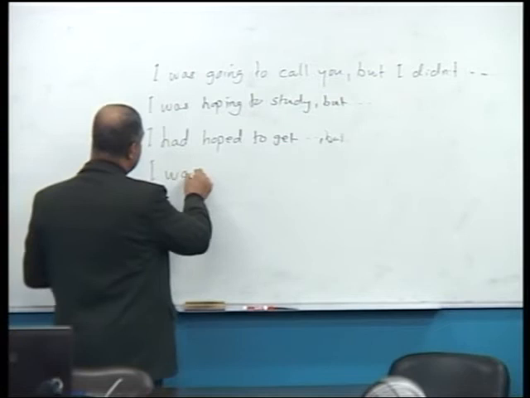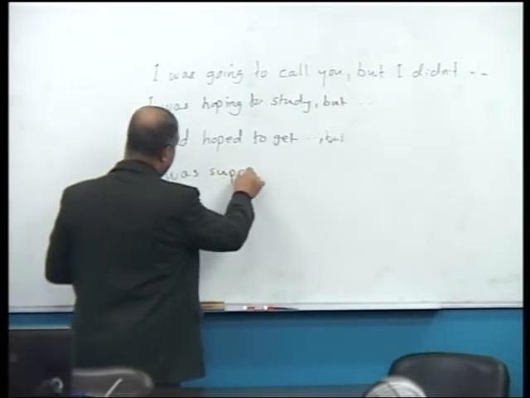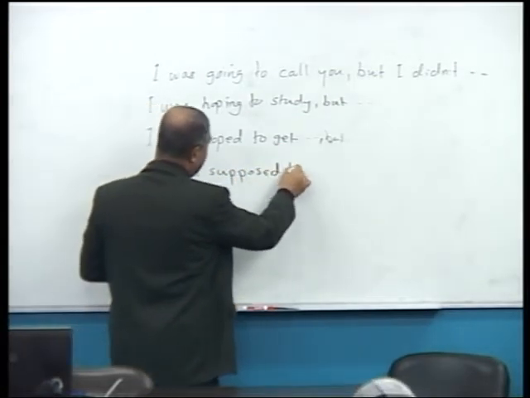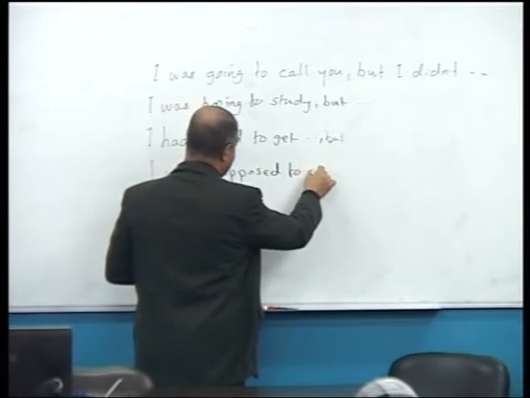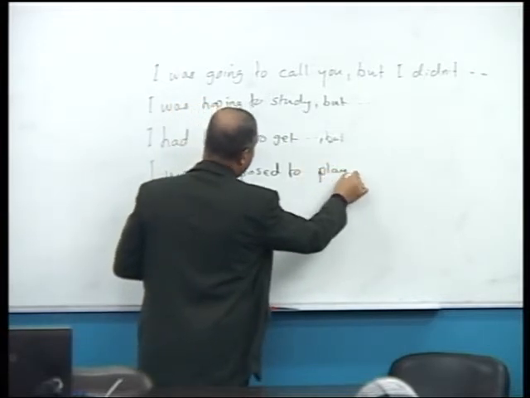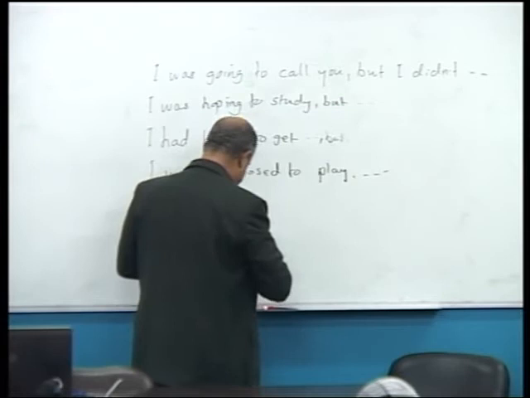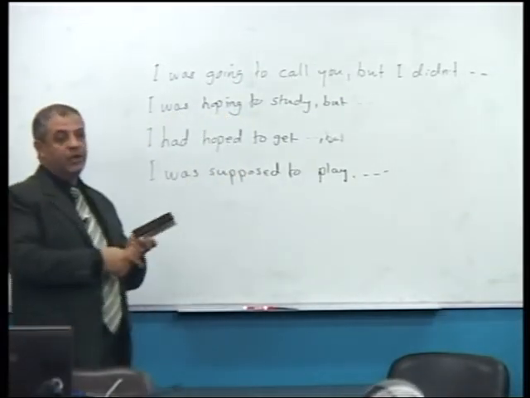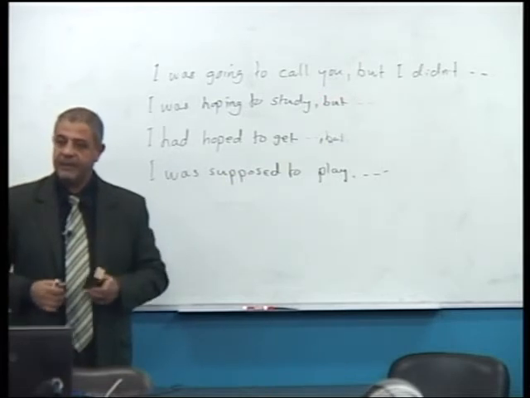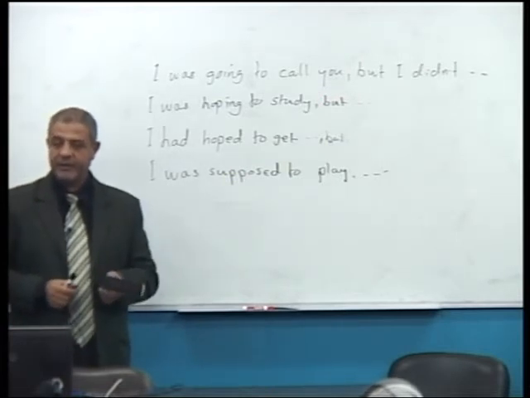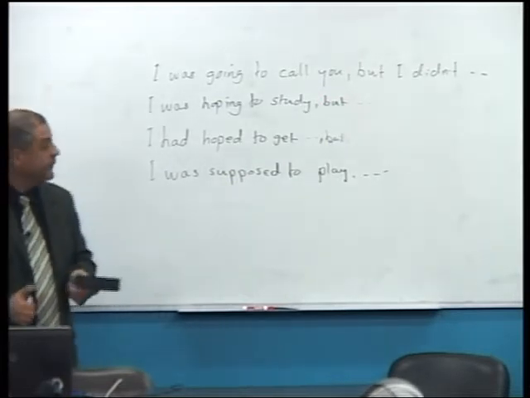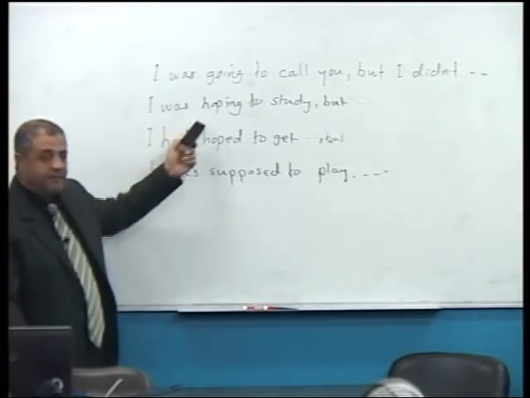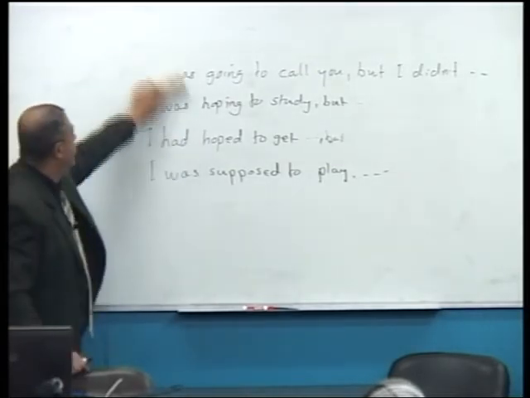I was supposed to play some video games, for example, but we didn't have electricity at home. Okay, good. I was thinking about coming early, but I couldn't. I was thinking, okay, the past progressive. The past progressive, good.